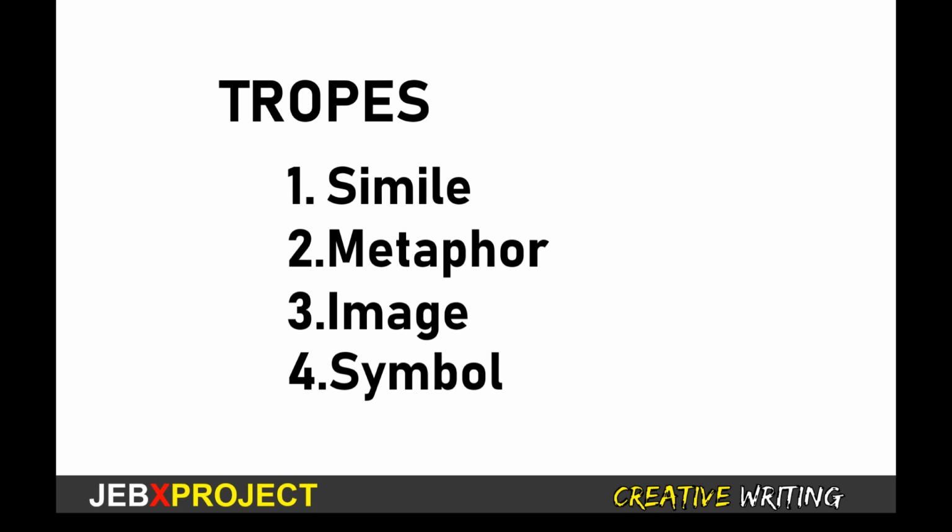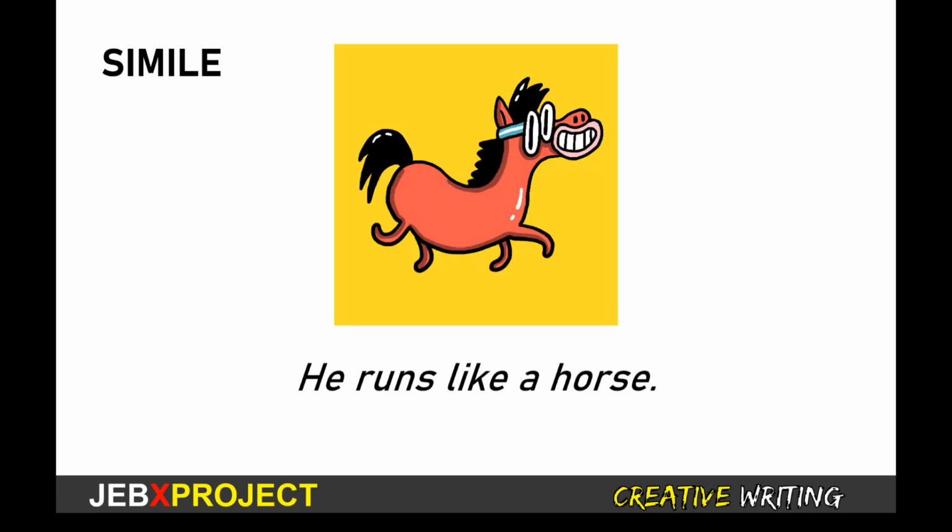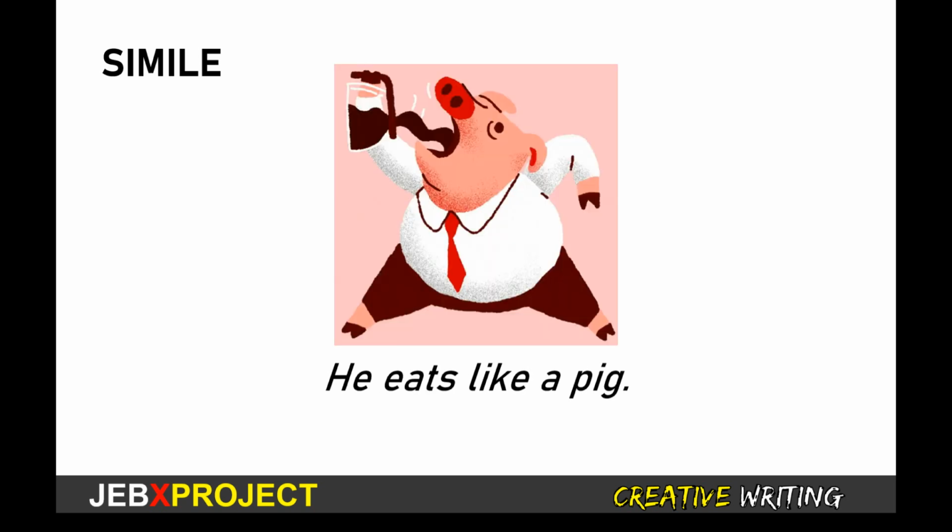Simile and metaphor are both a form of comparison. So they compare objects belonging to different classes, meaning we should compare a person to an object, an animal to an object, and vice versa.